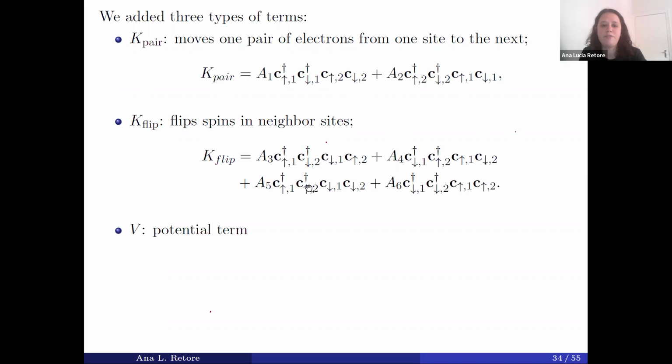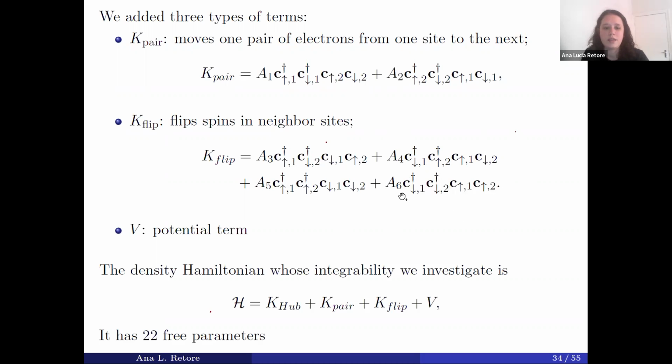And we added these K flips that, for example, destroy 2 particles of spin up and create 2 down instead. And these don't preserve fermion number, because you can destroy 2 up and create 2 down instead. And then we added some potential, all the potential we could think of that made sense. And then we assumed this Hamiltonian.